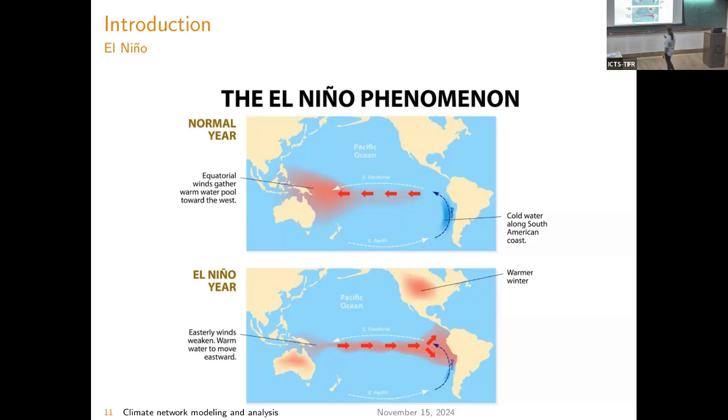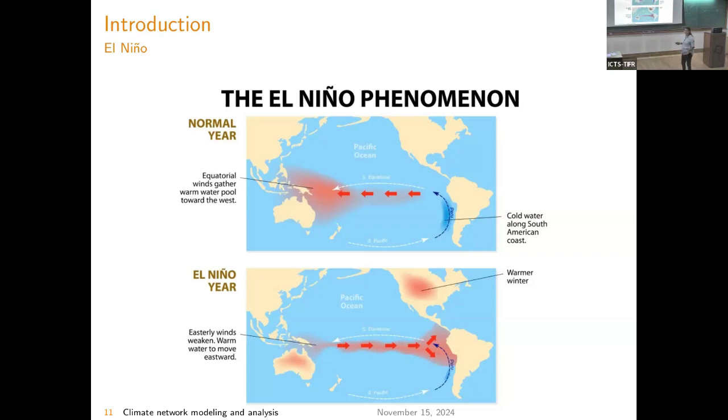In a normal year, the hot water is in the western Pacific Ocean, and the eastern Pacific Ocean is slightly colder. There is a thermocline, which is the line drawn at the constant temperature of 20 degrees Celsius, and it is slightly tilted in the normal year.